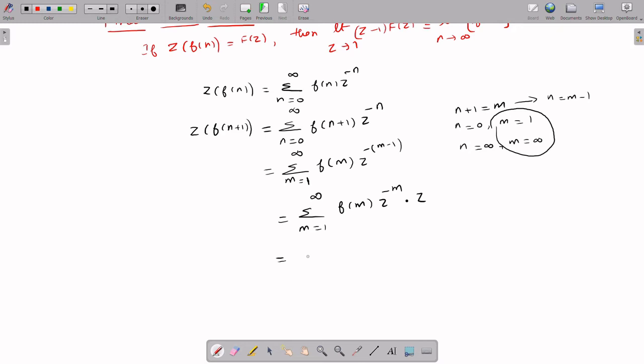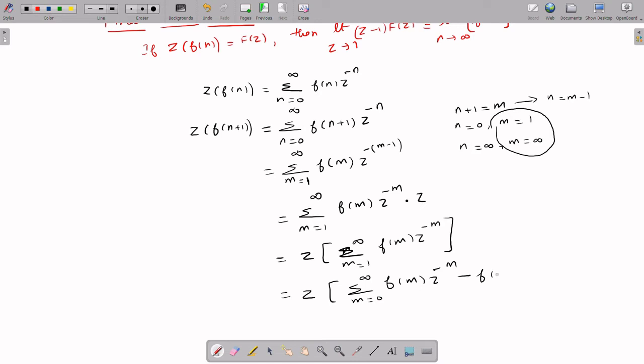Or you can take this Z outside: Z times summation m equals 1 to infinity f of m into Z power minus m. But here the 0 term is missing, isn't it? The Z transform definition is 0 to infinity. So we have to add and subtract one term: summation m equals 0 to infinity f of m Z power minus m, minus f of 0 is subtracted.